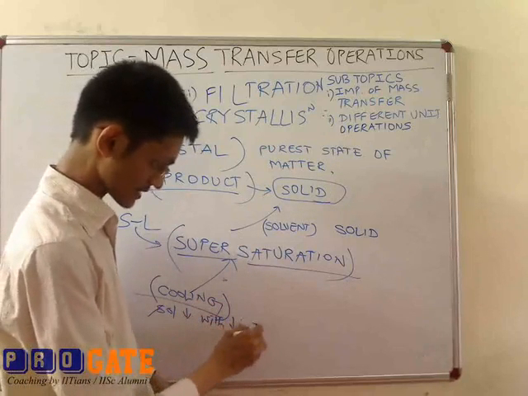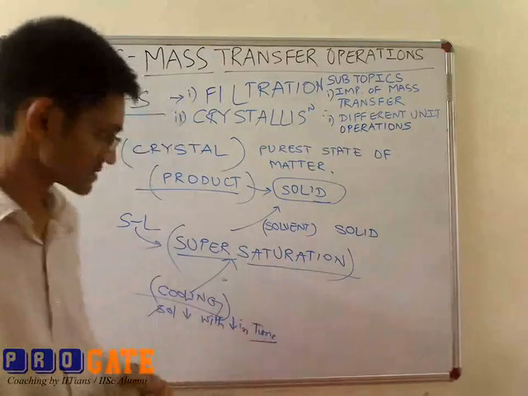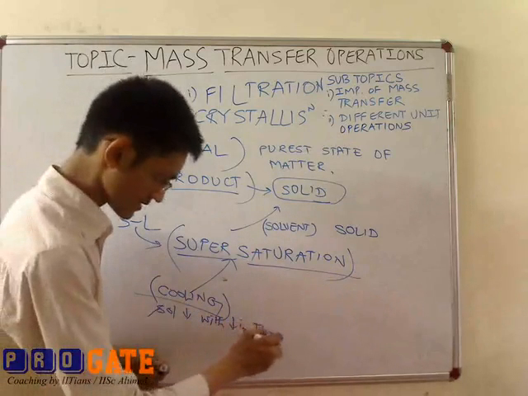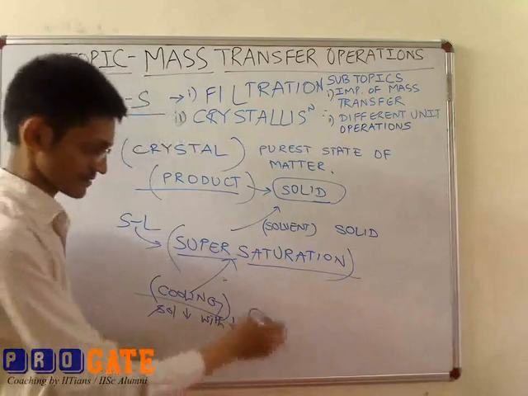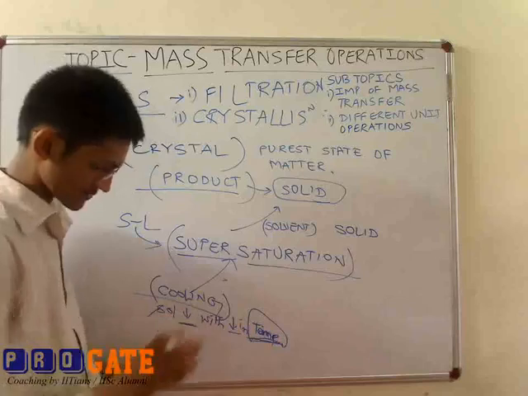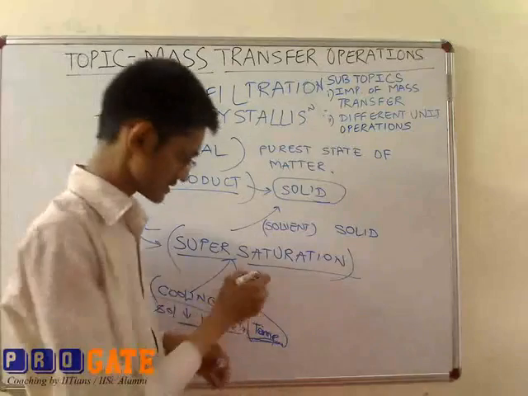Though there are a few exceptions, like the hydrated salts, for which the solubility decreases with increasing temperature, normally this trend is followed. You decrease the temperature, and the solubility of the solute in the liquid decreases.